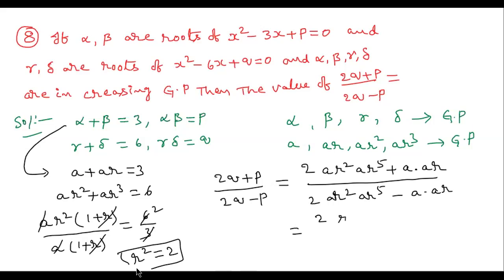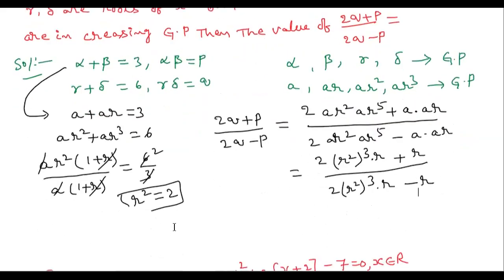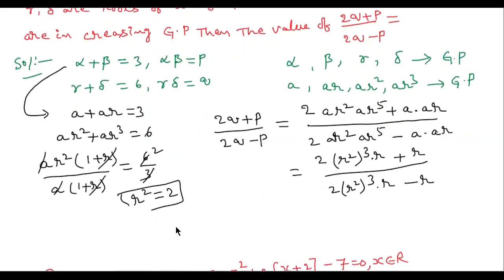So I am writing R square whole cube into R plus R divided by, denominator also the same, R square whole cube into R minus R. What is the R square value? R square value is 2. 2 cube, 8. 8 2s are 16.